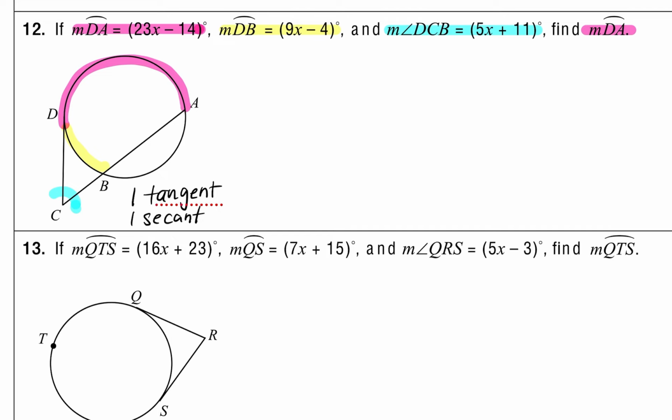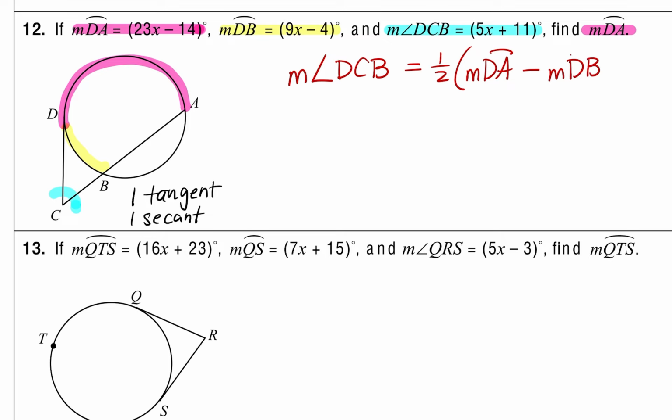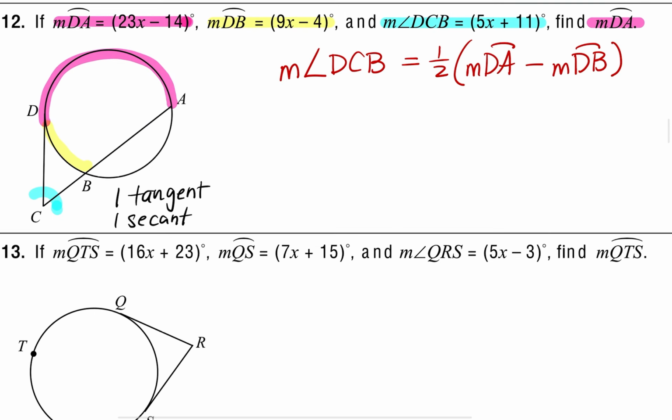So again, I'm going to first start by setting up that the measurement of angle DCB would be equal to a half of the large arc DA minus the small arc, DB. And I'm just going to be careful and make sure I use the exact letters that they used when they wrote the problem, right?